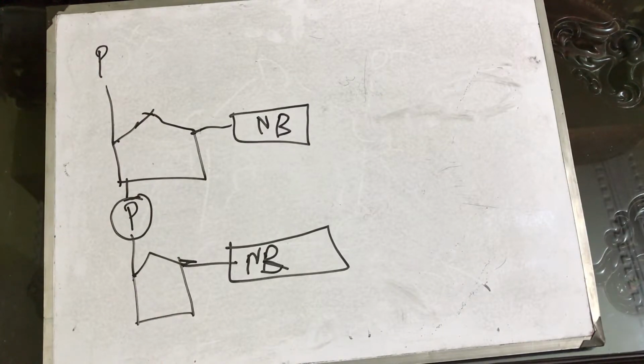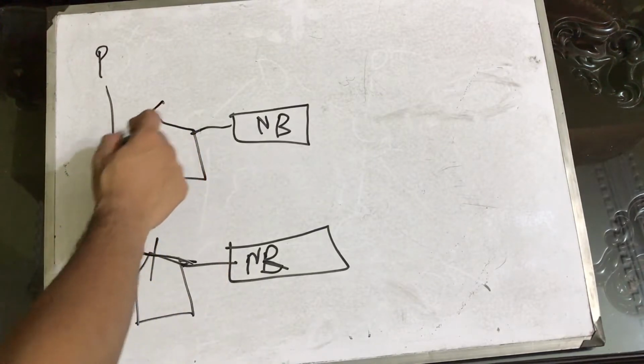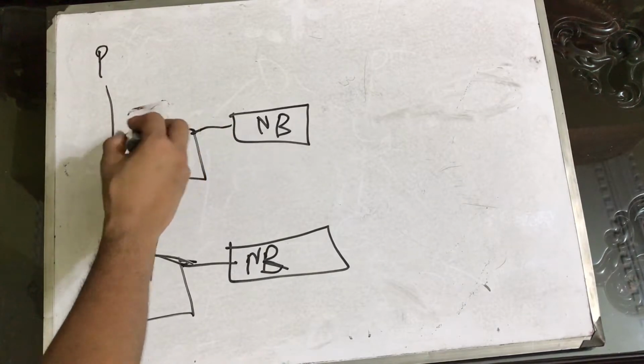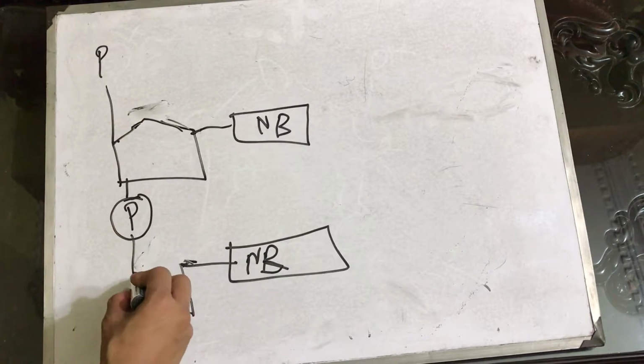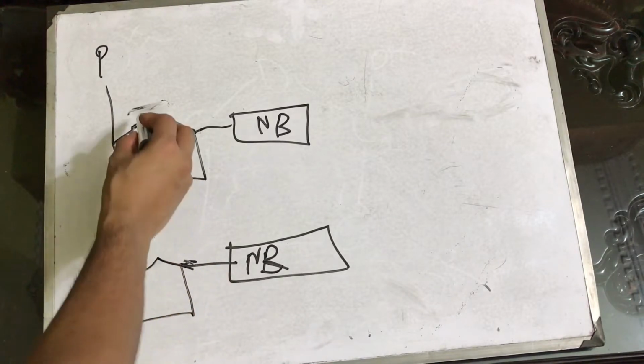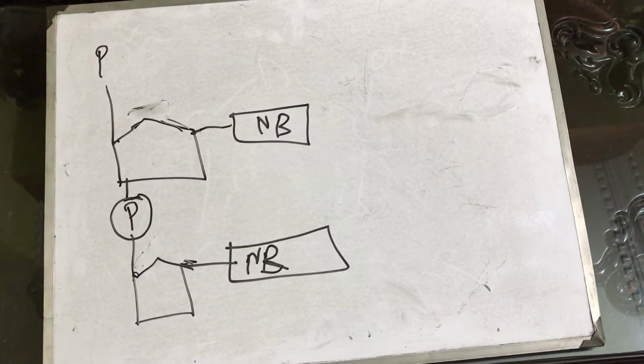If you are thinking that this is the skeletal structure, then you are wrong. That is because this is not a carbon, this is an oxygen. But for simplicity, we draw it like this. So this is not a skeletal structure. In a skeletal structure, this was supposed to be a carbon, but this is an oxygen. I just showed you before. And also there is one carbon here. So this is not the skeletal structure.